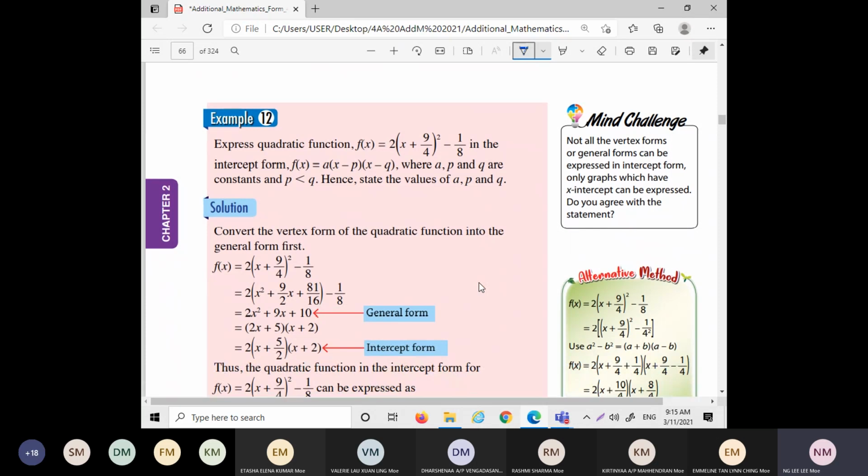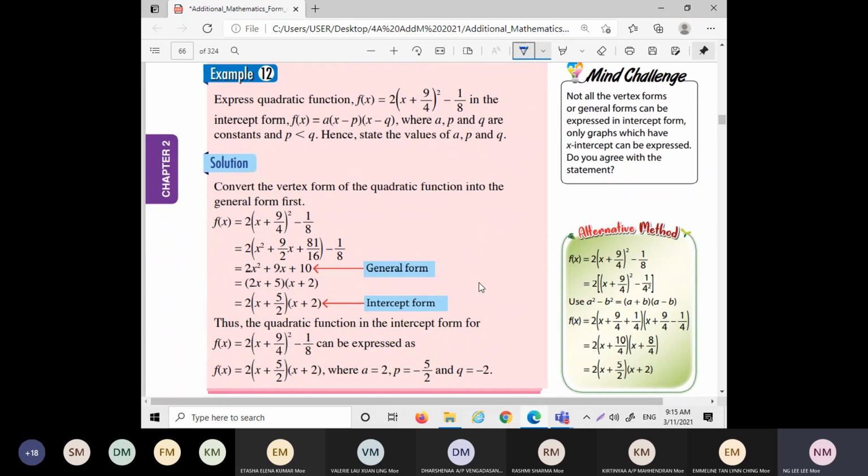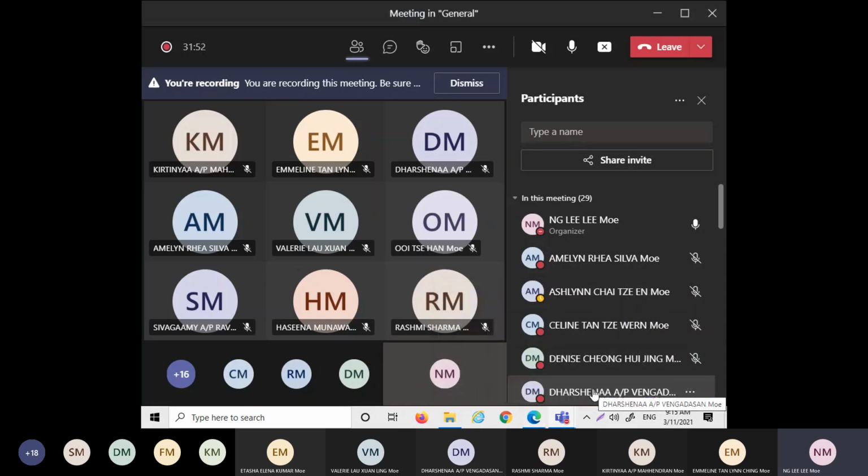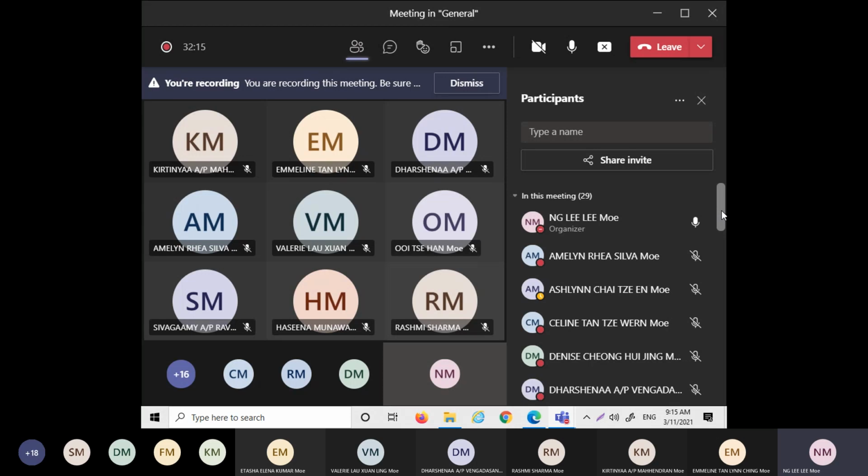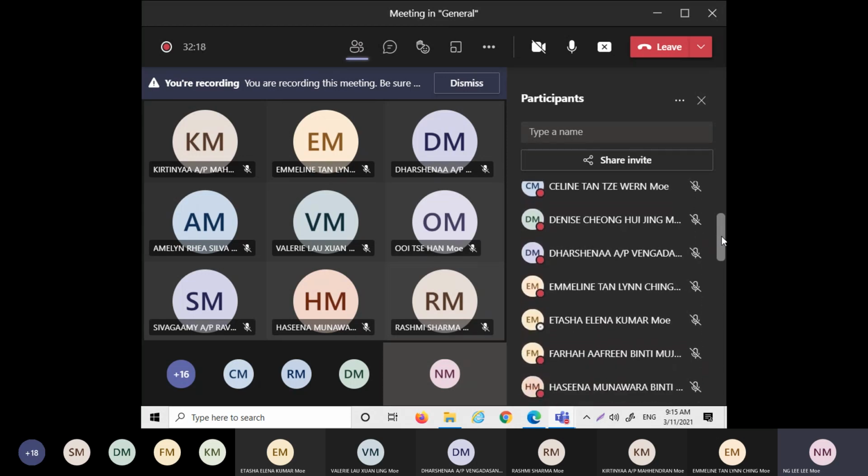Look at example 12. How's my attendance now? 28 still. Someone can call Pei Chi. And I don't know who is the one more. Monitor. Again, I forgot already who is the monitor. Who is the monitor or assistant monitor?